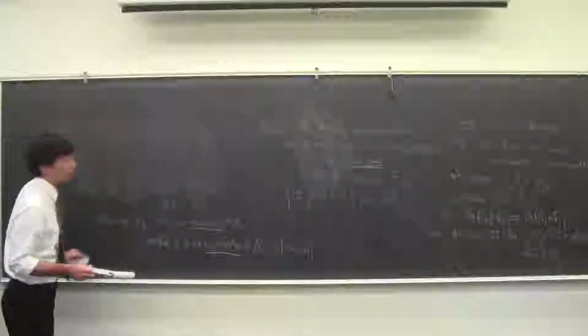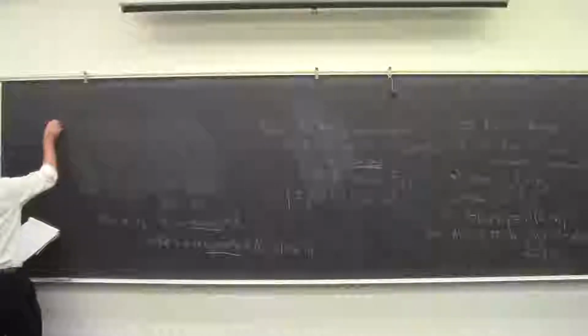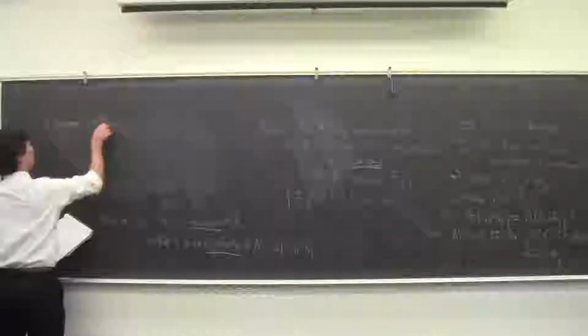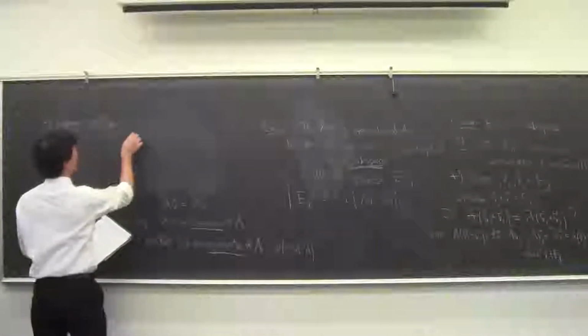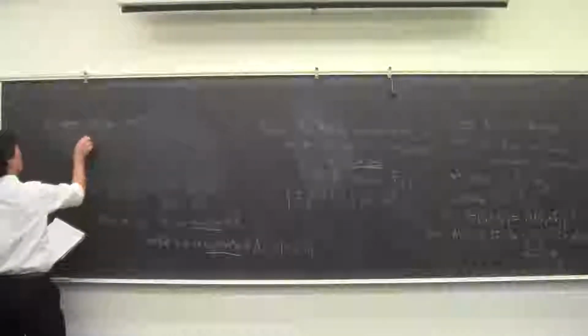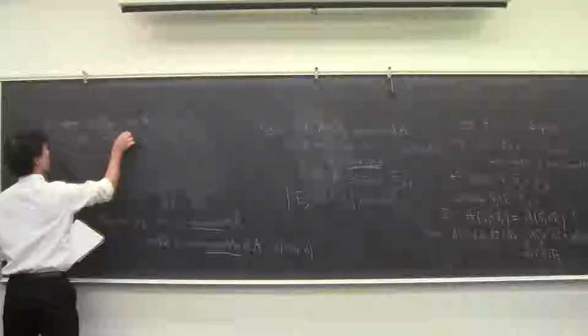I want you to take 20 seconds and write down the second part, right? Suppose that v is in E lambda, and that alpha is a scalar. Is alpha v in E sub lambda?